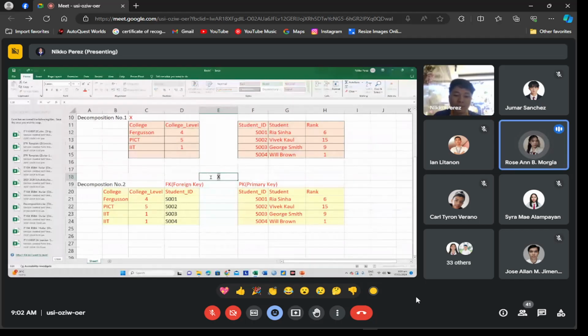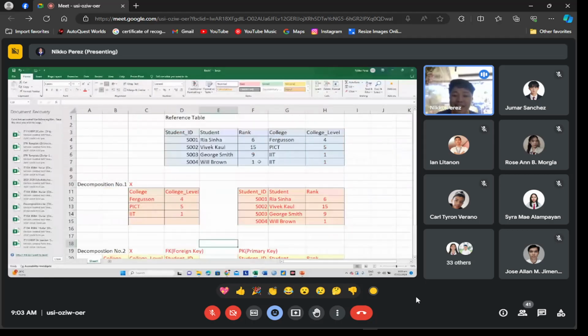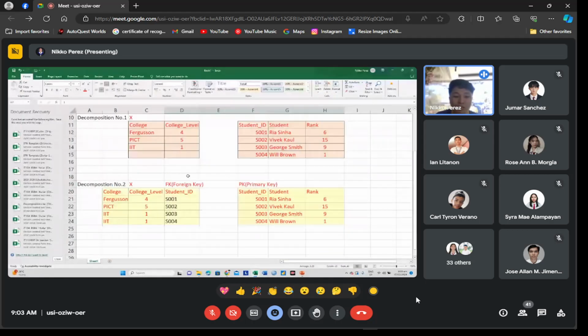Repeated yapon ang IIT, sir. Yes. This is still an incorrect decomposition. Incorrect siya. Dili sakto. Kay tungod, our goal gani is i-resolve ang data redundancy ani nga table. Ang hitabo sa atong decomposition number 2 is that nagbalik na po noon gihapon.